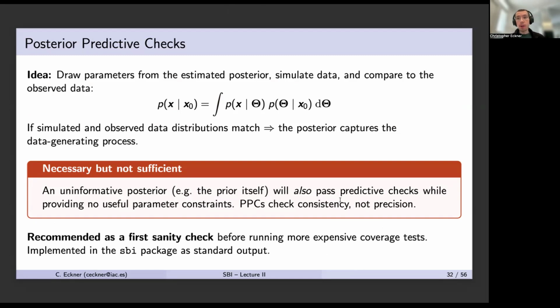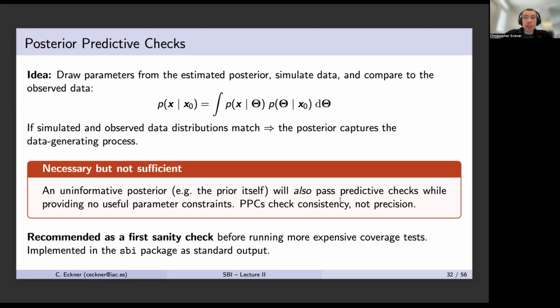But you can be in the more unfortunate situations where you only have one observed data set, like if you do astrophysical or cosmological observations. That's a bit limited, and there it gets a bit harder to do diagnostics, but you can still do it. What you want is basically that simulated data and observed data should coincide if your posterior captures the correct data generating process.